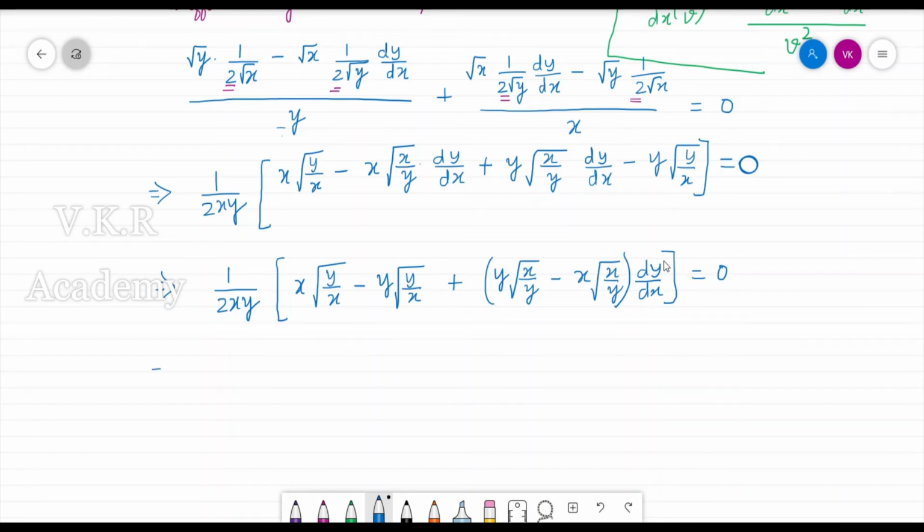So that is equal to, multiplying by 2xy, this term will go off.